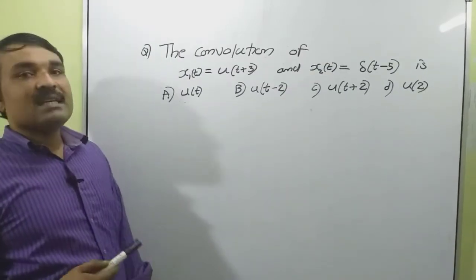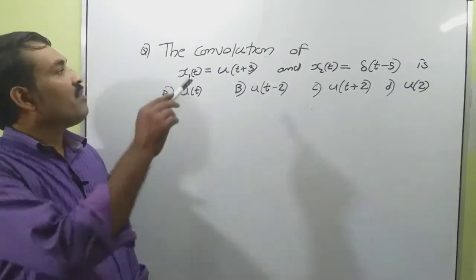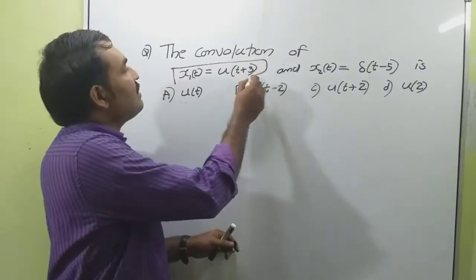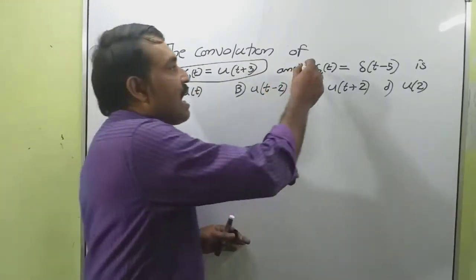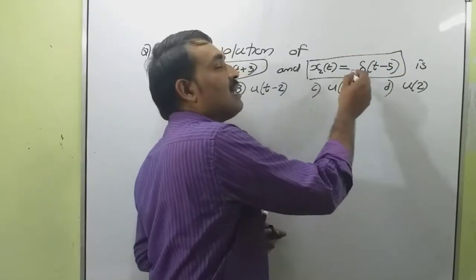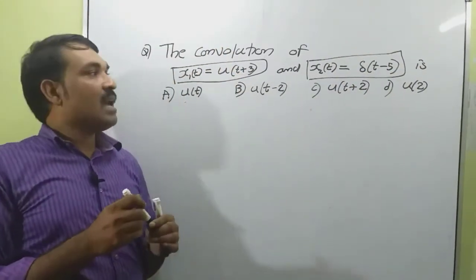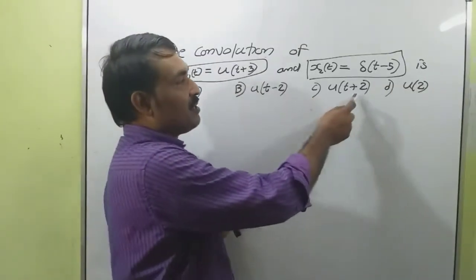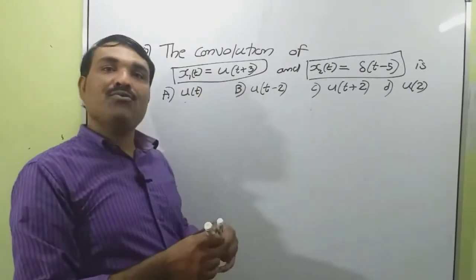Now the next problem is a convolution problem. We want to find the convolution of these two signals, that is x1 of t is equal to u of t plus 3 and x2 of t that is equal to delta of t minus 5, and options are given. That is u of t minus 2, u of t plus 2 and option D is u of 2.